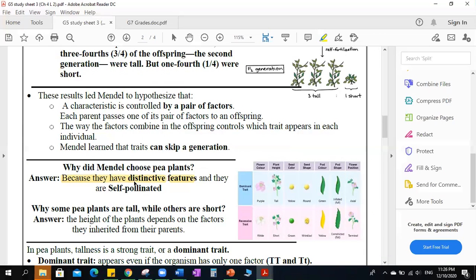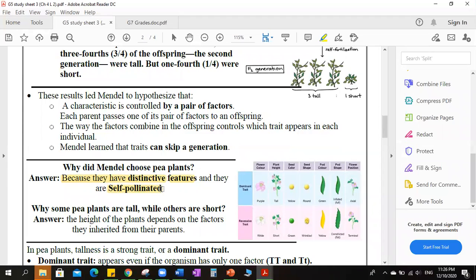Number 2 is that they were self-pollinated, so he made sure that they will not get any genes from any other flower, not like other plants where cross-pollination carries pollen from one flower and adds it to a whole other flower that will make differences in the genes.